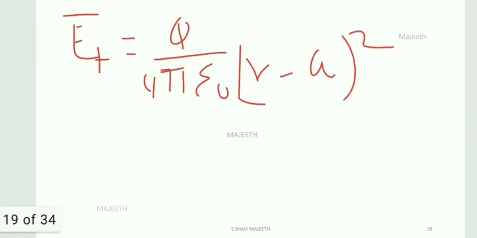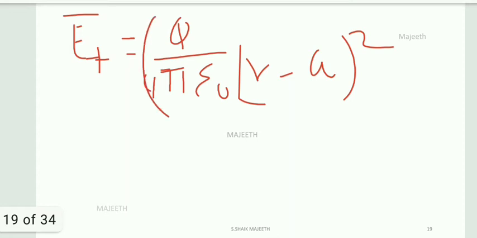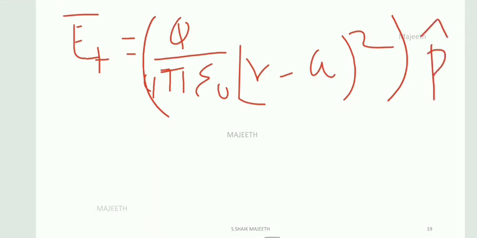This is a scalar parameter. How to make a scalar into a vector? We have to multiply with the unit vector. So the unit vector is P cap.